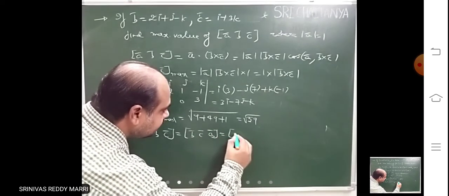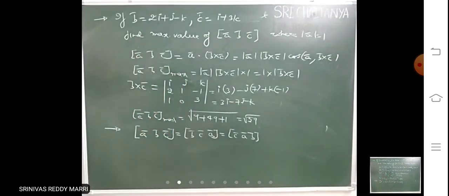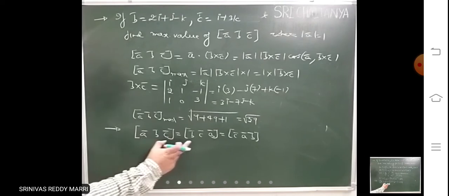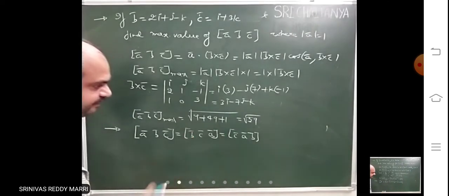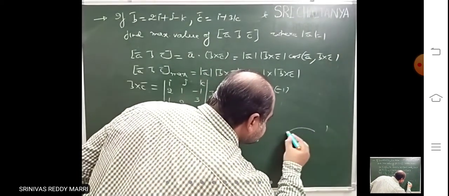This is nothing but box of C bar, A bar, B bar. That means the scalar triple product of A, B, C; B, C, A; and C, A, B will be the same, in cyclic order.